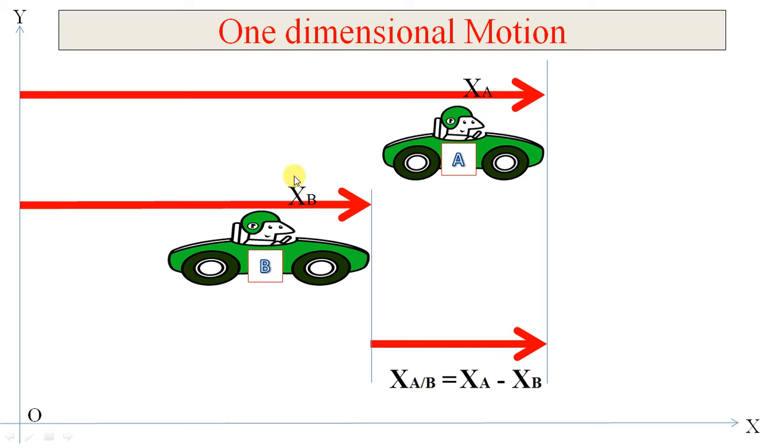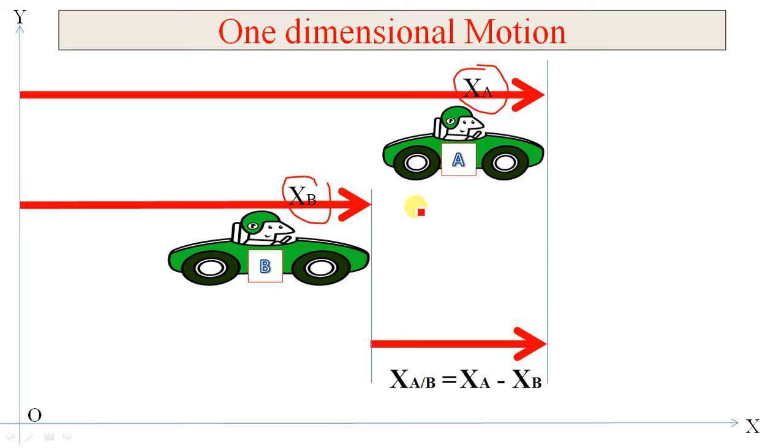Its position with reference to this y axis is given as xA, and the position of car B with respect to this fixed reference axis y is given as xB. So this xA and xB is the position with respect to this fixed reference axis.